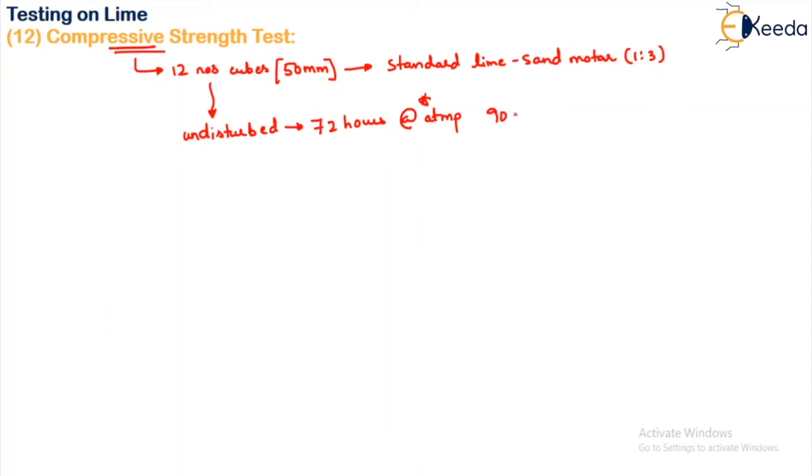At 90% humidity, we have to make sure that the relative humidity we are maintaining is around 90%, and the temperature we keep is room temperature, that is 27 plus or minus 2 degree centigrade. Now all this we have to do while it is kept in the mold.